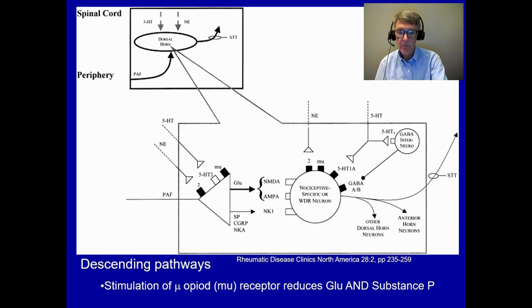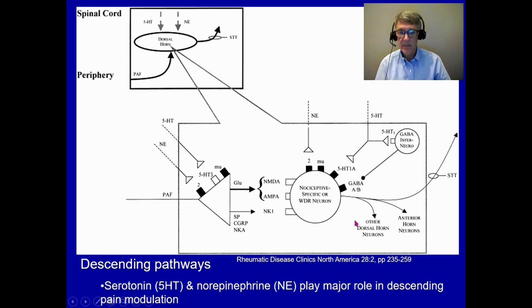Stimulation of the mu opioid receptor reduces glutamate and substance P, so that actually downregulates the pain. And then there are other descending pathways that downregulate the pain. Serotonin and norepinephrine play a major role in the descending pain modulation. This is important when we go to talk about how we might treat fibromyalgia.